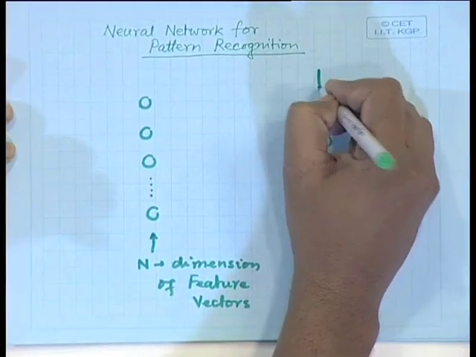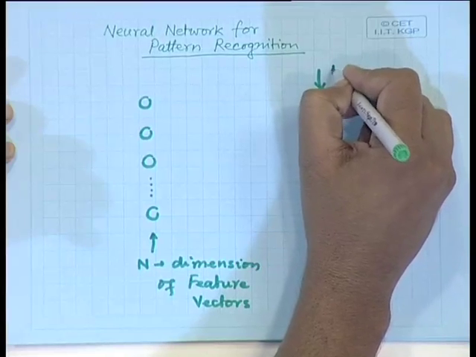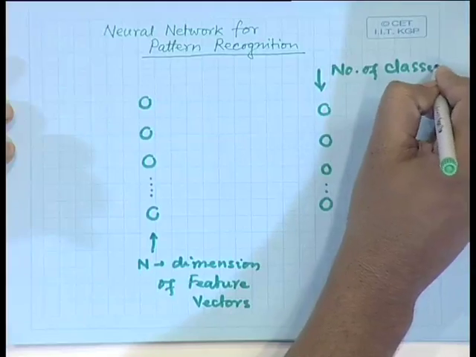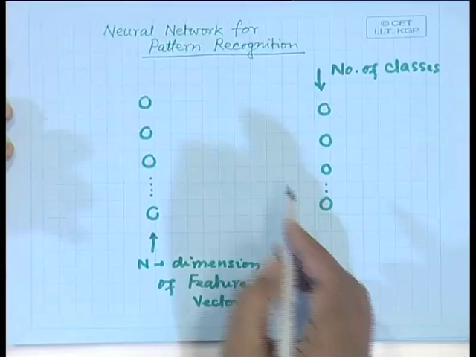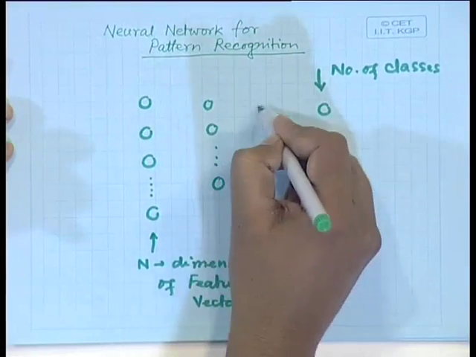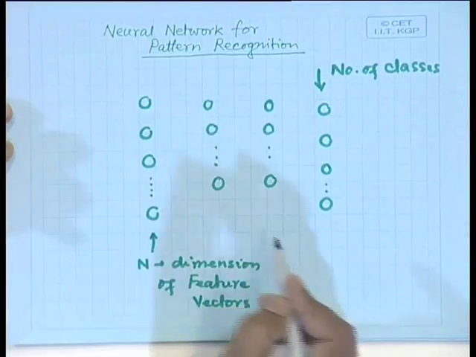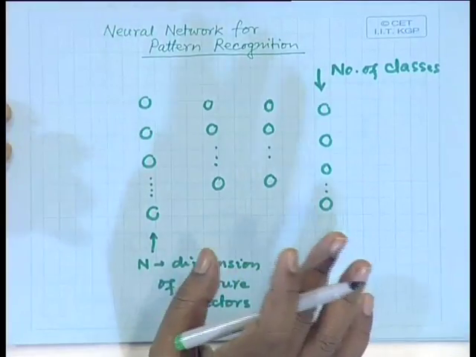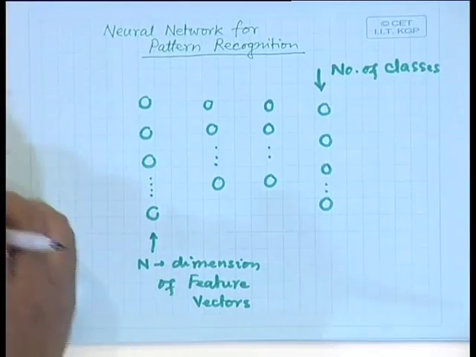At the output we have a number of nodes, which is the same as the number of classes. And we have one or more hidden layers, which will also have a number of nodes. Typically, around 2 hidden layers, so that in total we have 4 layers including the input layer and the output layer, is mostly sufficient for most practical applications.